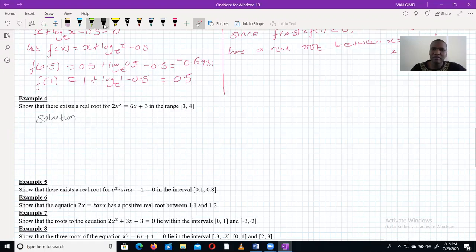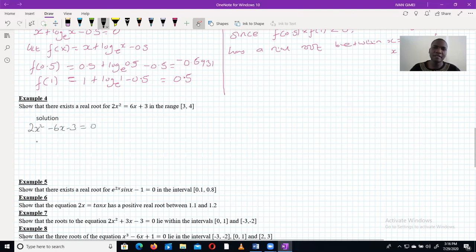Solution. Still, we need to rearrange this since it's not in the form f of x equals 0. So I'll say 2x squared minus 6x minus 3 equals 0.